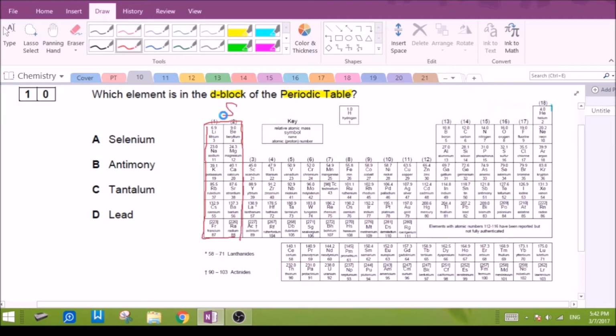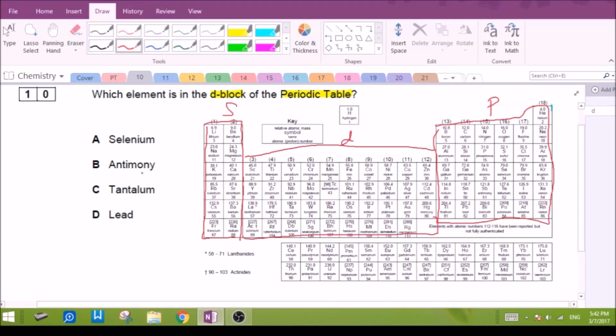Alright, this is the S block. The P block is on this side. Right, these are our P block elements. And then the D block will be those that are found in between.